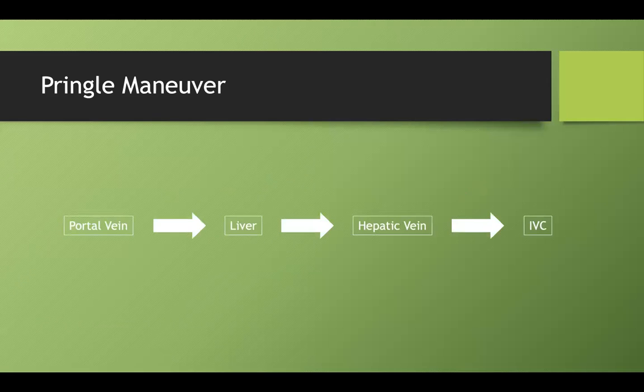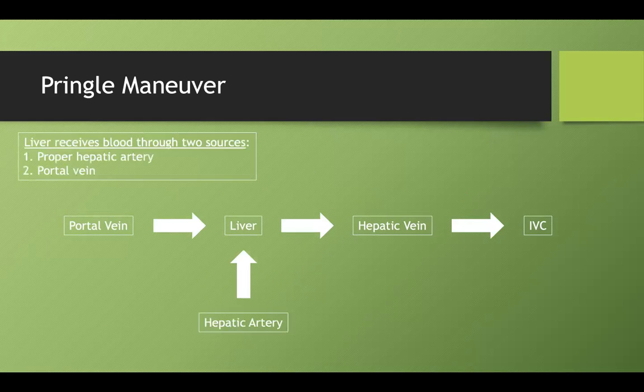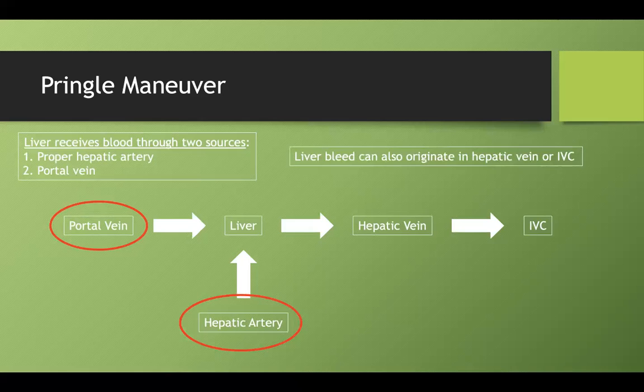I'm going to draw our framework that we just used for Chiari syndrome, right heart failure, and portal vein thrombosis. But I just want to remind us that in addition to the portal vein draining to the liver, we also have the hepatic artery. So it receives blood through these two sources. But keep in mind that if there's a liver bleed, it doesn't necessarily mean it has to come from these two sources.